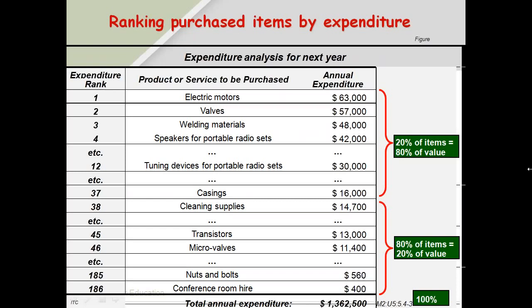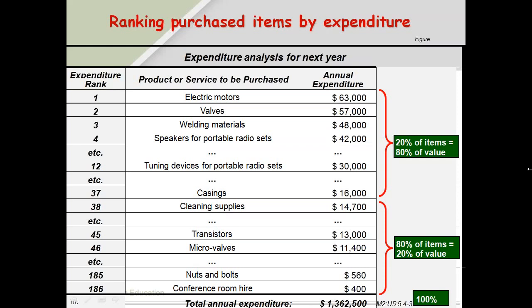If you look at the 80-20 concept, I'm sure all of you know the 80-20 formula. It's a typical company buying items 1 to 186. We have put down the top 20% of items, high value items.